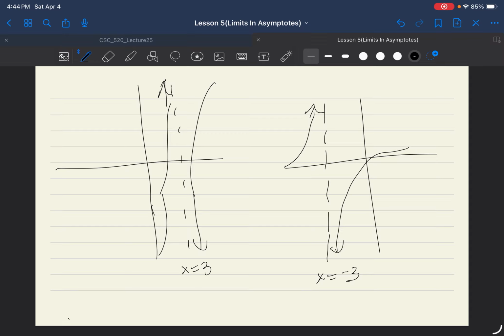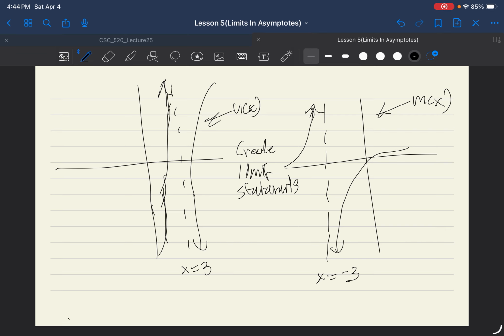So I'll give you a minute to look at the questions and look at the graphs for a second. We'll call this one h of x, and we'll call this one m of x. All right, and we need to create limit statements to define these vertical asymptotes there, and so we need to show that there is a vertical asymptote in limit format. We need to show that there is an infinite discontinuity.